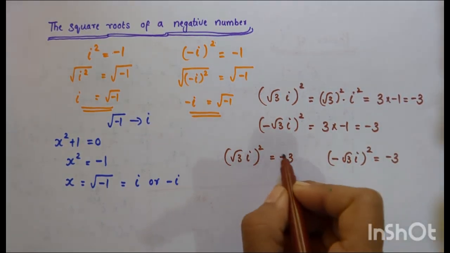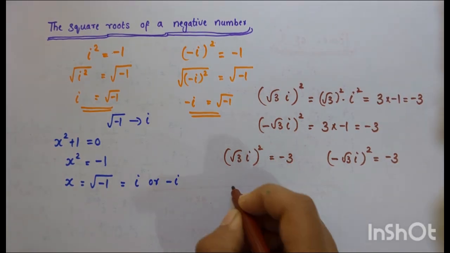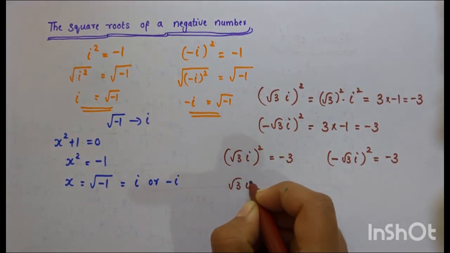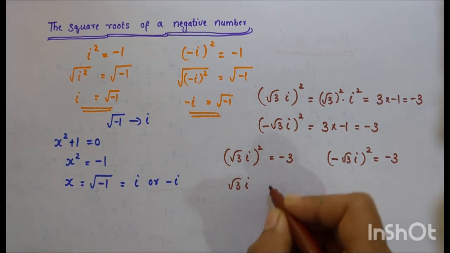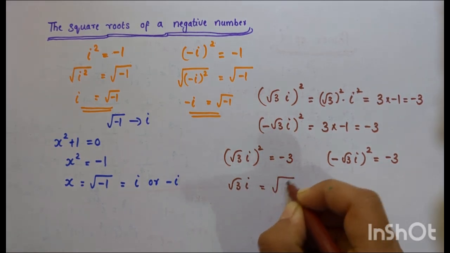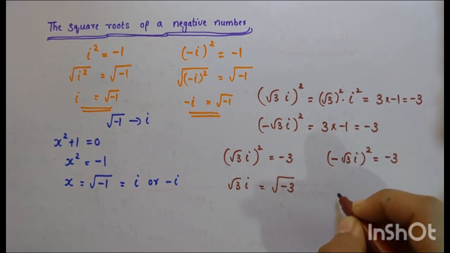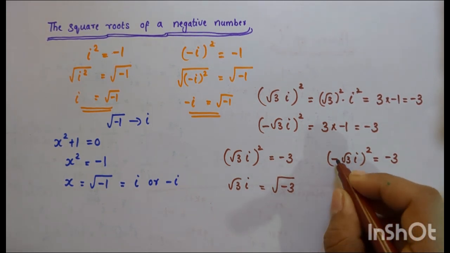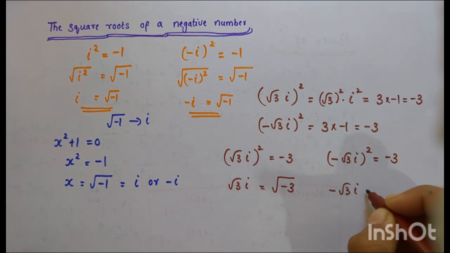Suppose I take the square root on both sides of this equation. The square root of (root 3 i) all square is root 3 i, and this is equal to the square root of minus 3. Similarly, the square root of (minus root 3 i) all square is minus root 3 i, and this is also equal to the square root of minus 3.